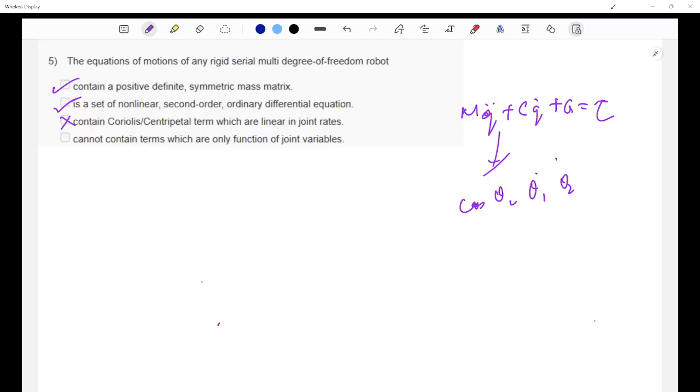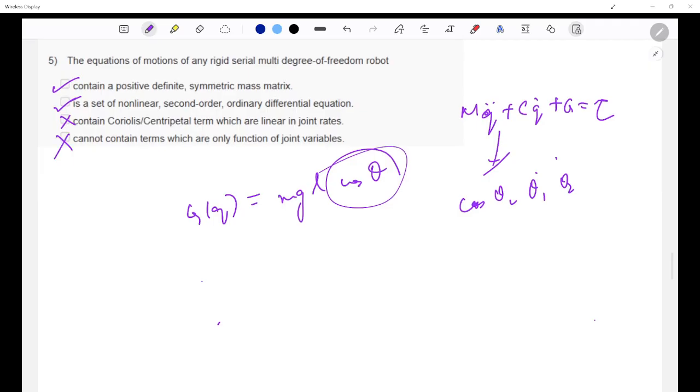The gravity vector depends only on joint positions. This gravity term g(q) is basically of the m g l cos theta type and it only contains the joint position. So there is such a term, right? So this is also wrong. Therefore the equation does contain terms that depend only on joint variables. So these two are the wrong answers. Any confusion here? If not, we'll move to the next question.